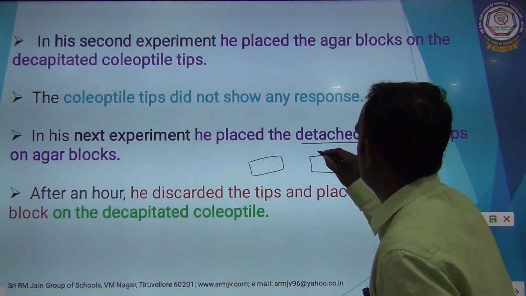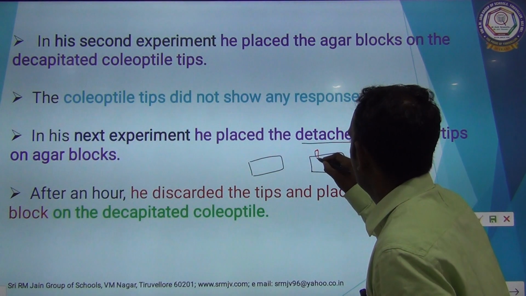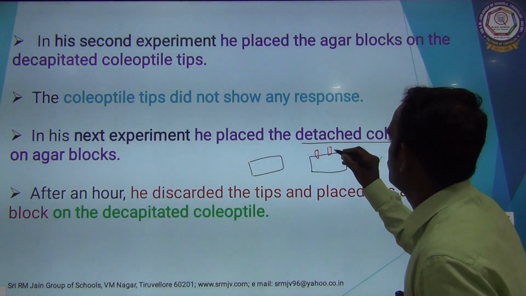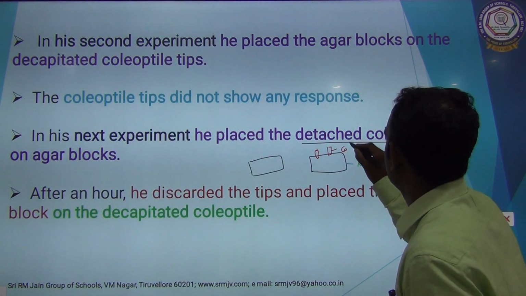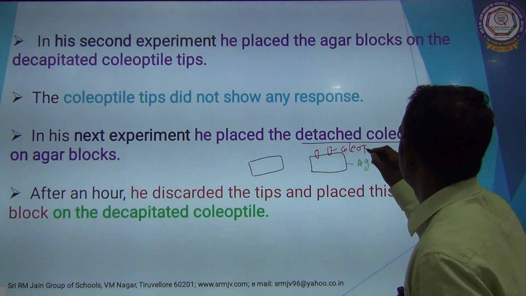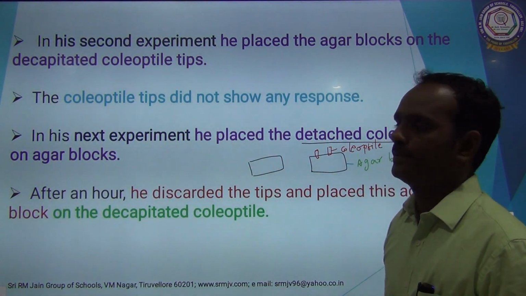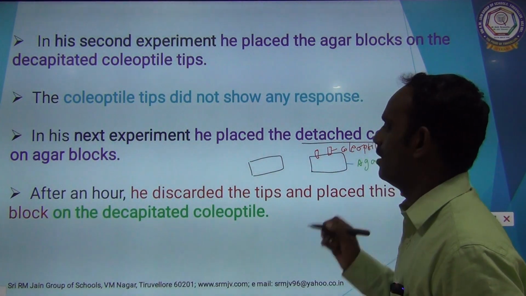He placed the detached coleoptile tip on the agar block.